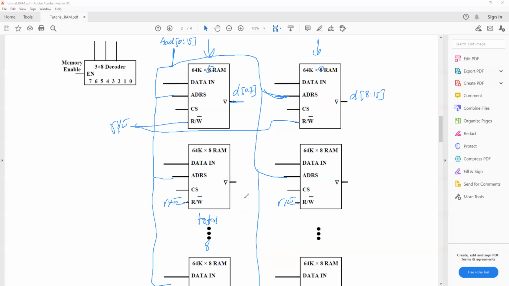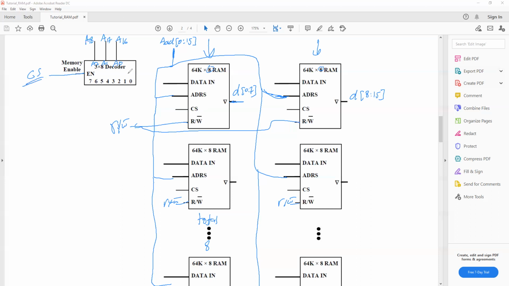I have 3 bits left, which are 16 to 18. So bits 16 to 18 will be here: address of 18, address of 17, and address of 16, considering that these are A2, A1, and A0. The enable of this decoder will come from the chip select of the big decoder that we drew before.